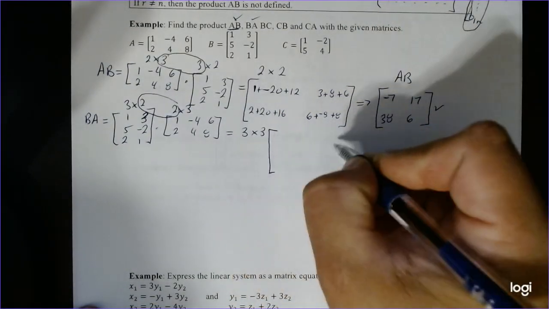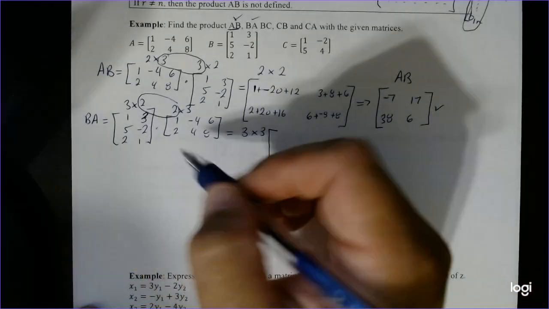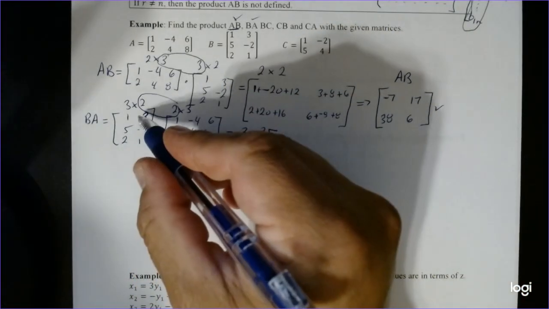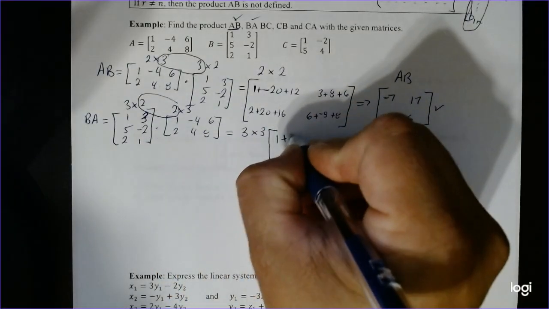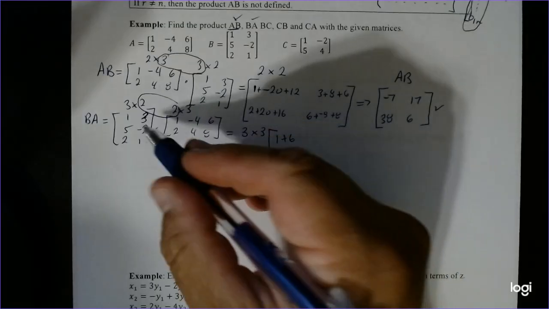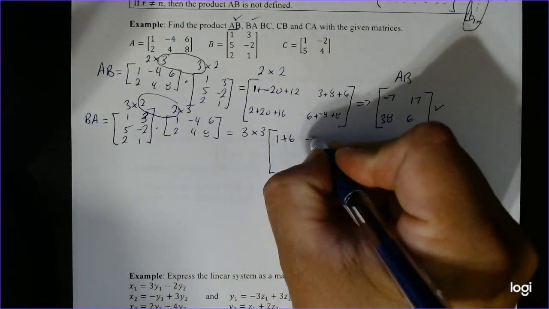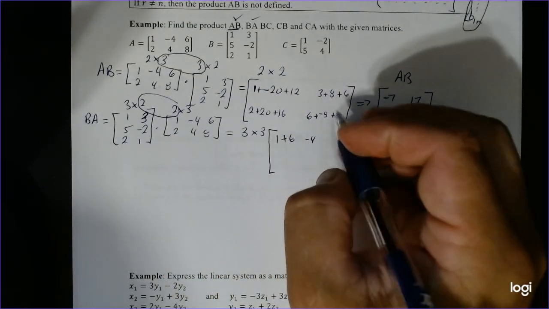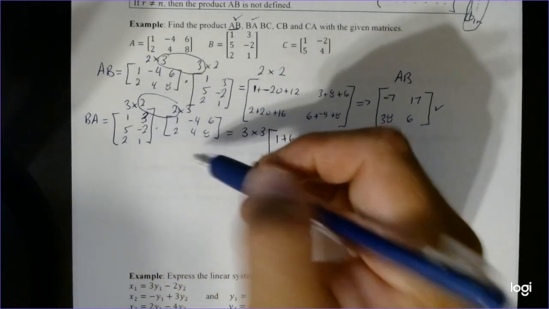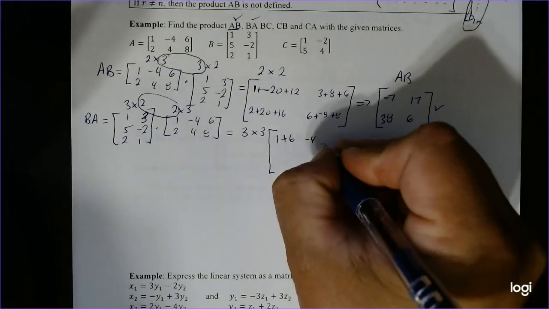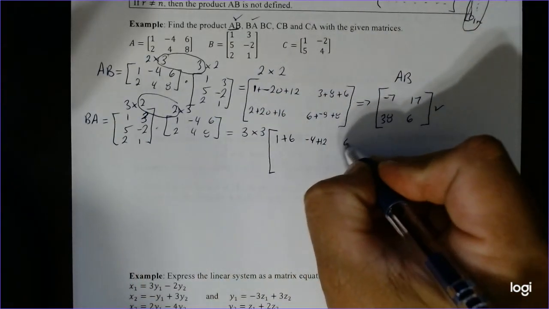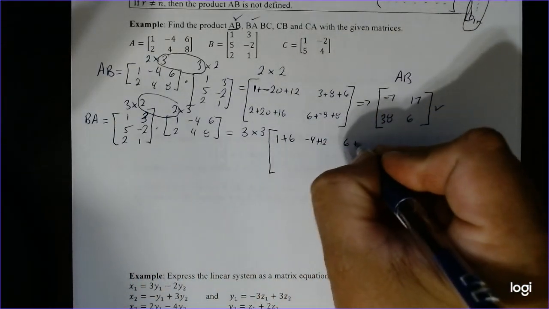The good thing is this one is not too large because it's just two columns. So 1 times 1 is 1. 3 times 2 is 6. So that's my first entry. Again, you're always going across this way. Next one is going to be negative 4, plus 12. Next one's going to be 6 plus 24.